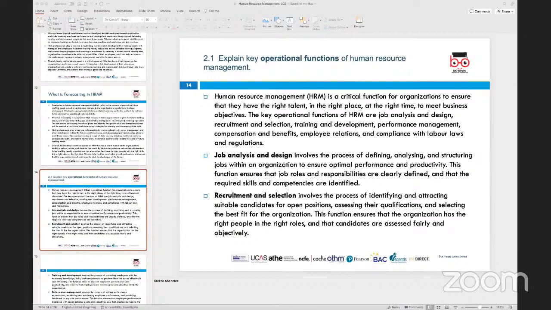This is the planning side of things, and it essentially means ensuring that the operational functions start to happen.